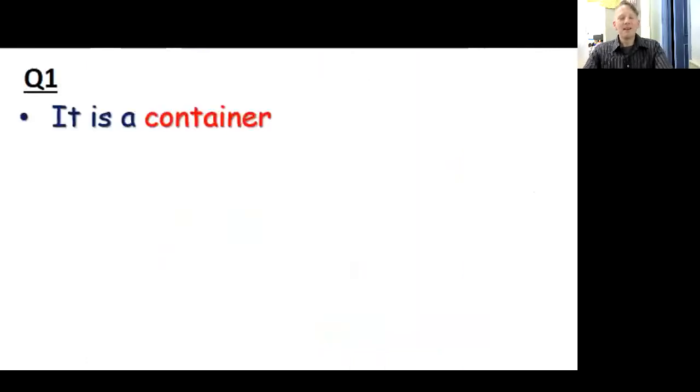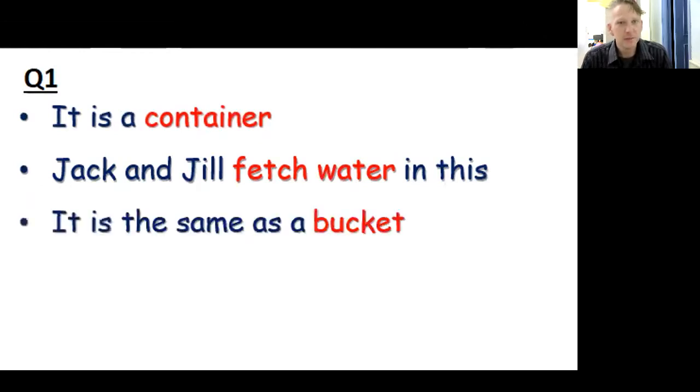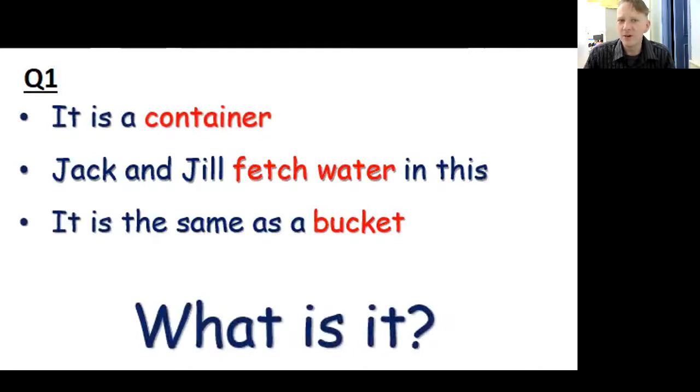Question 1. It is a container. Jack and Jill fetch water in this. Remember the nursery rhyme? Jack and Jill went up the hill to fetch a pail of water. Okay, now think about it. What did they fetch? And we also call it the same as a bucket.